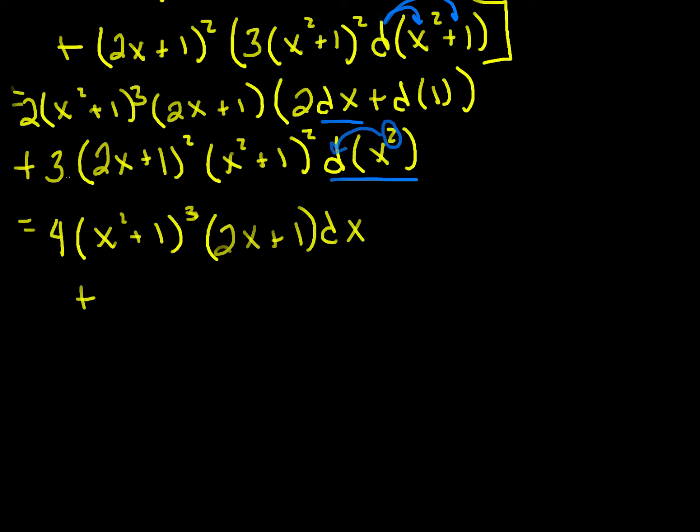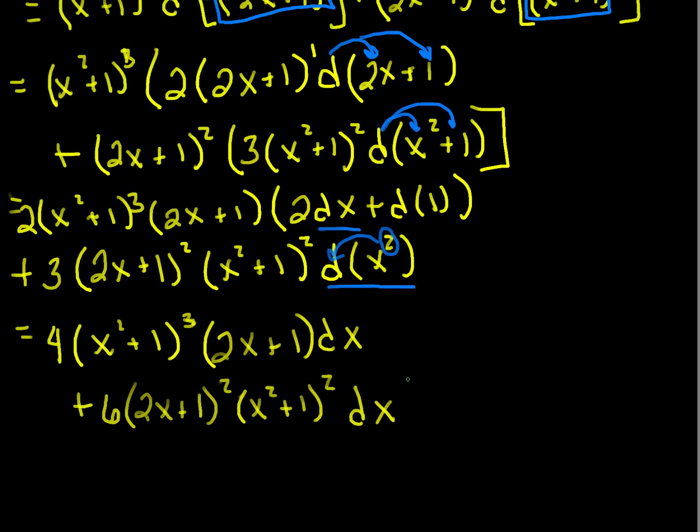And so that 2 times the 3 that's already there, right? When this 2 comes down, I can multiply by this 3, so I get a 6 times 2x plus 1 quantity squared times x squared plus 1 quantity squared dx.